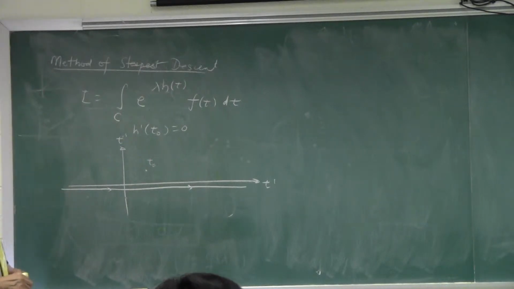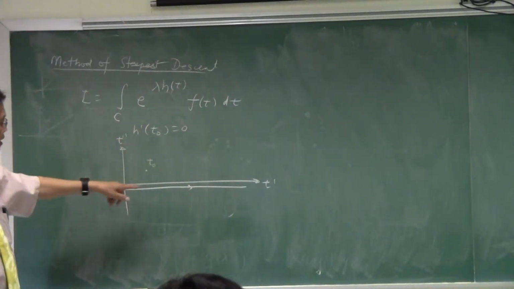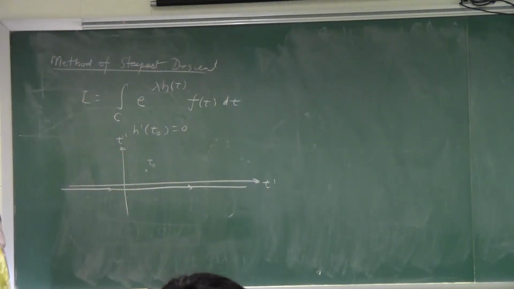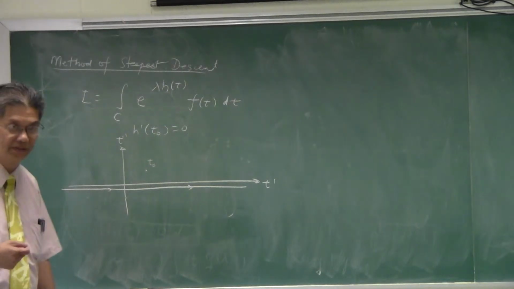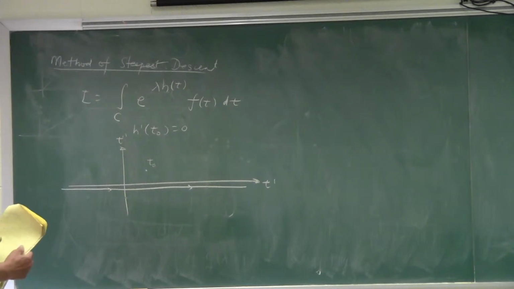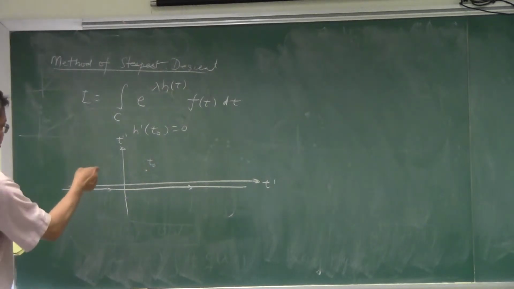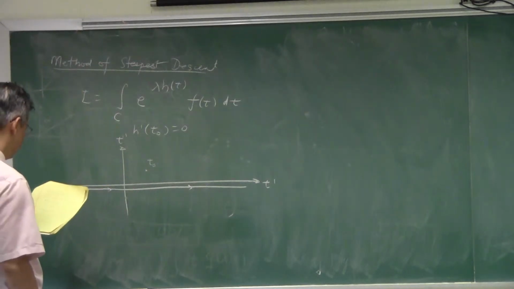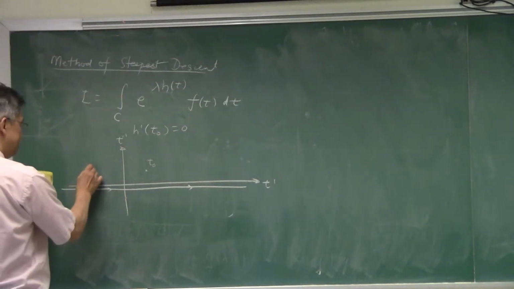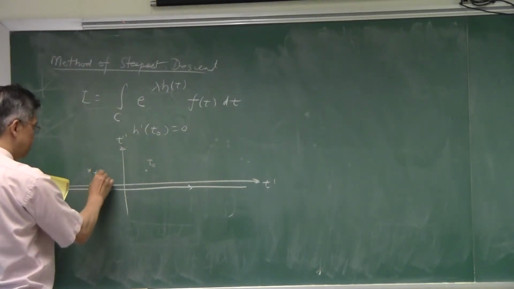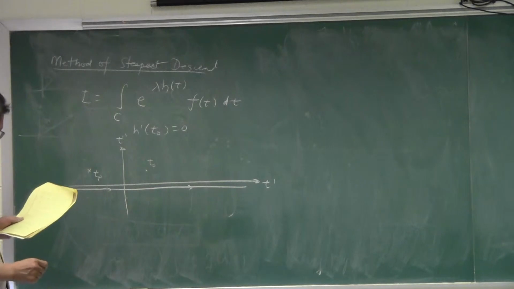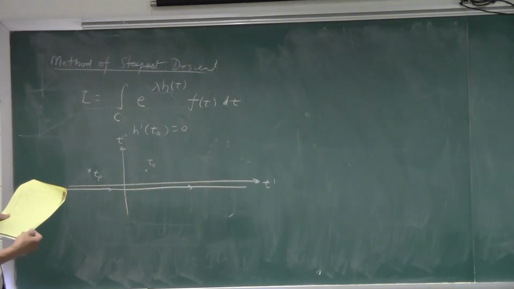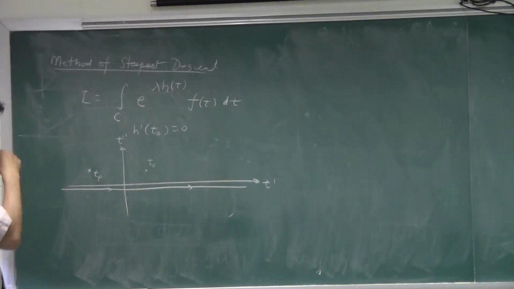And how can I exploit the fact that this thing is 0 over there to expedite my integration? Okay, so some of the heuristic arguments that we use for the stationary phase point method may not hold here, because that stationary phase point is actually off over there. And there might be even some poles here, which I call TP. Okay, how can I exploit all the singularities?